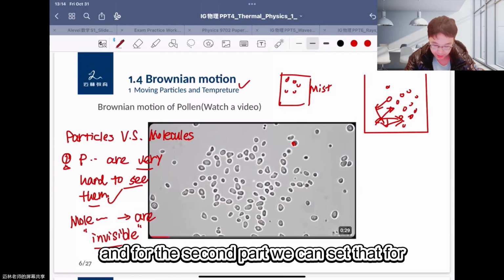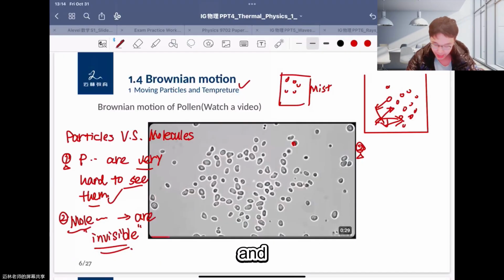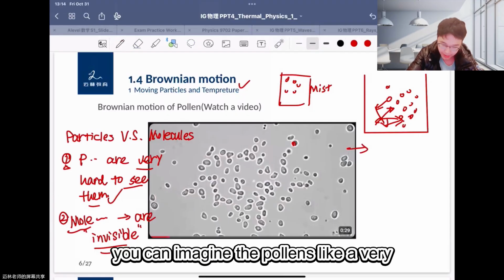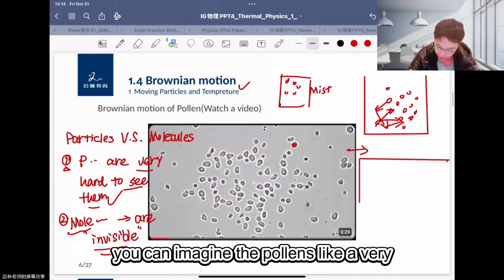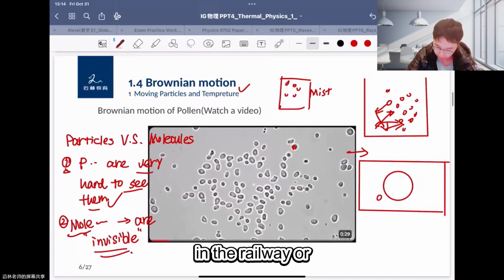For the second part of Brownian motion, we have the particles and we have the molecules. You can imagine the pollen like a very huge person in the railway or in the train, right?